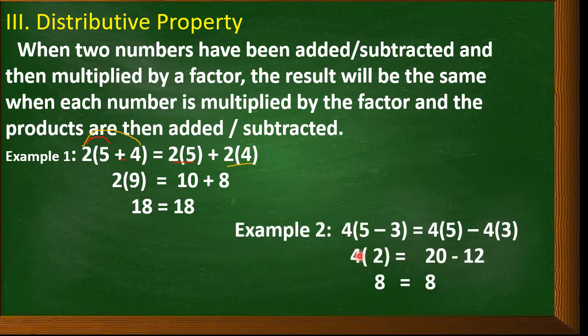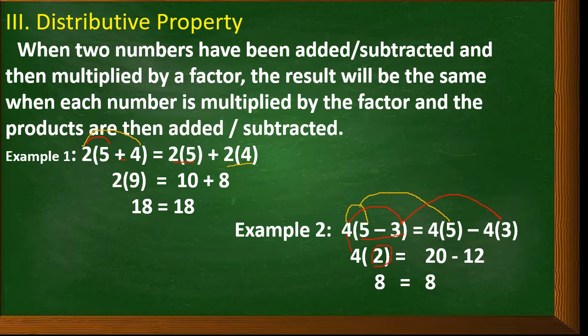Another example, for subtraction. 4 times quantity of 5 minus 3. Applying the distributive property, we have 4 times 5 minus 4 times 3. Now, if we simplify 5 minus 3, that is equal to 2.